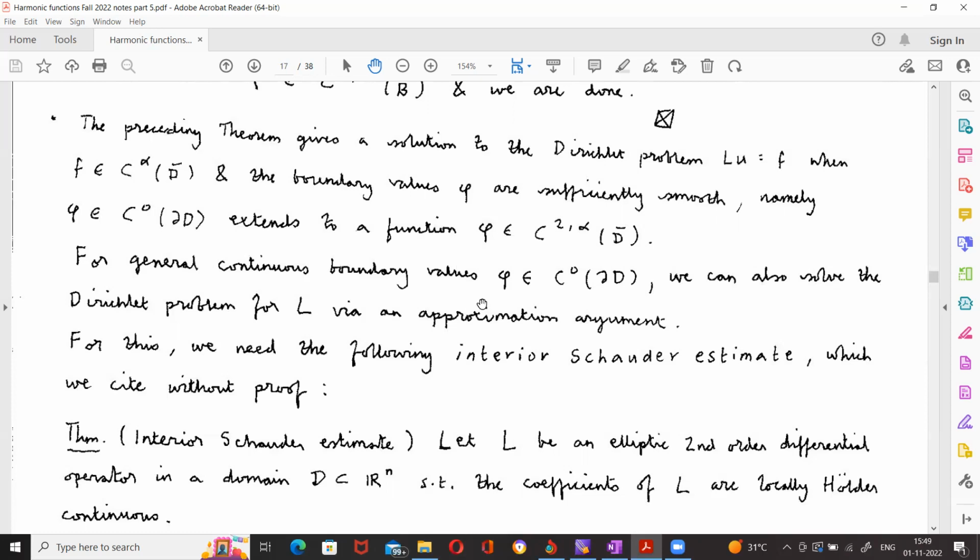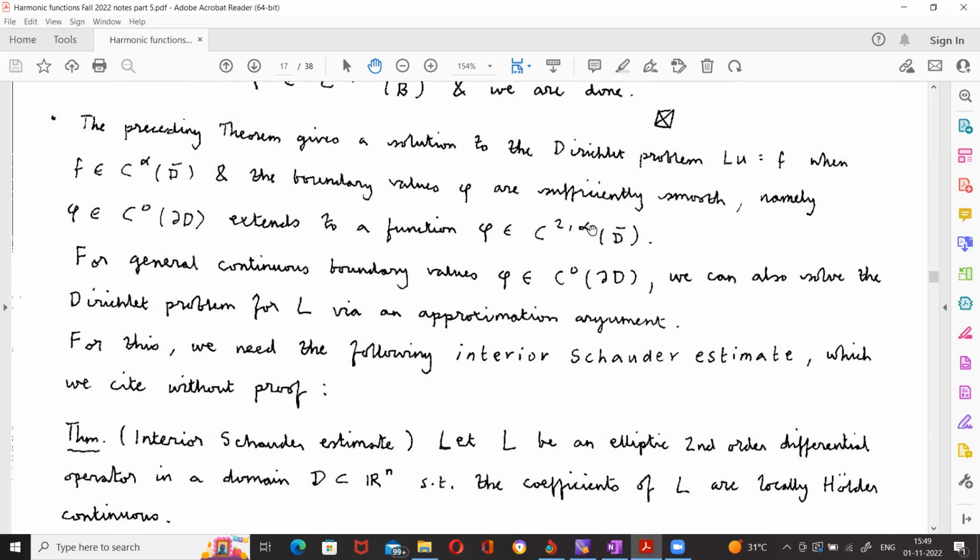We approximate phi, which is just a continuous function on boundary D, by smooth functions on boundary D, and those extend to smooth functions inside. So phi can be approximated by functions phi n in C2 alpha.